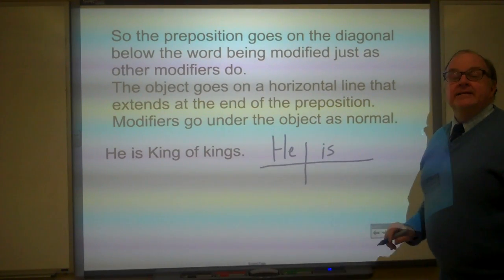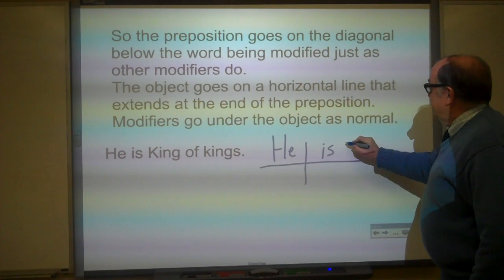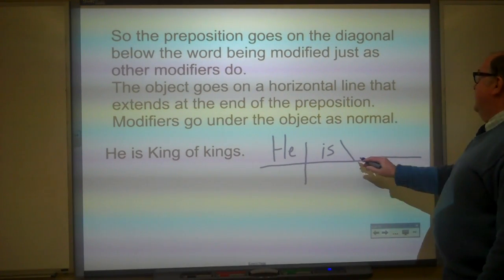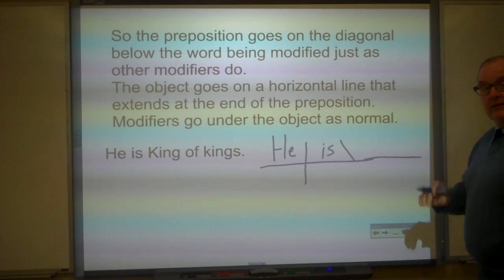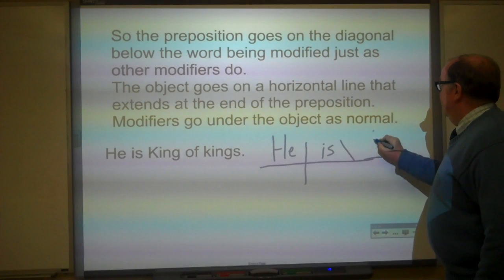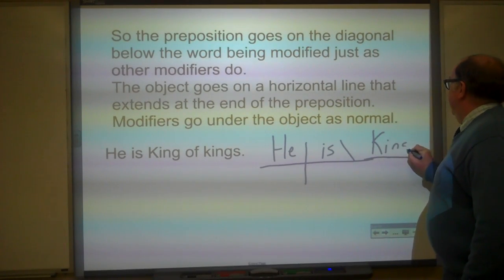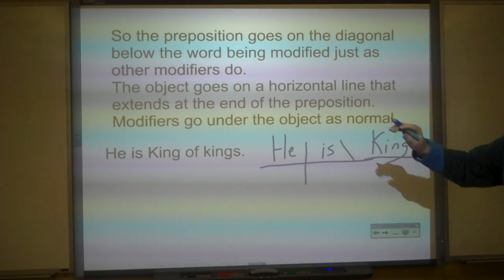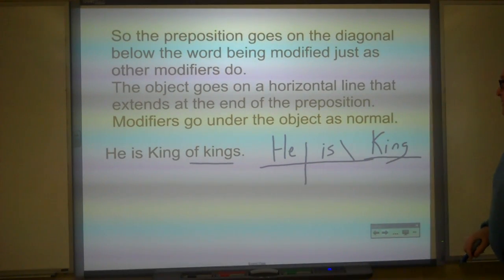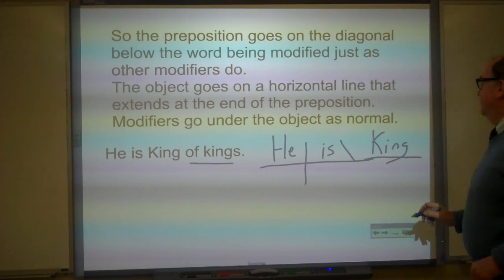King is the predicate nominative, predicate noun, so we put that on the main line with the diagonal separating it from the verb. And then of kings is a prepositional phrase modifying king. Which king? The King of Kings.